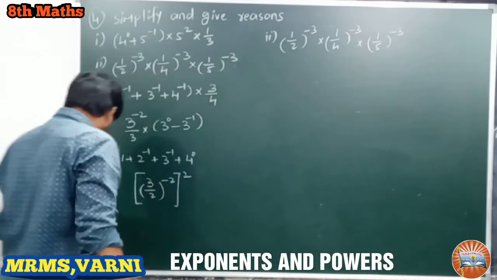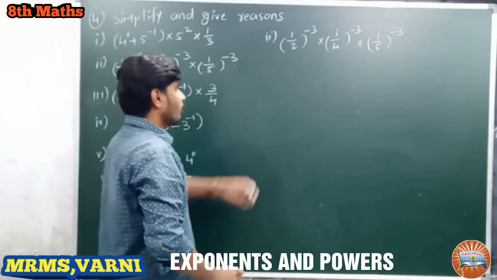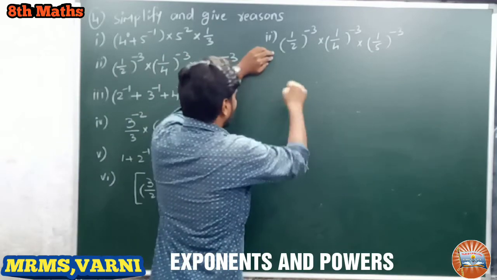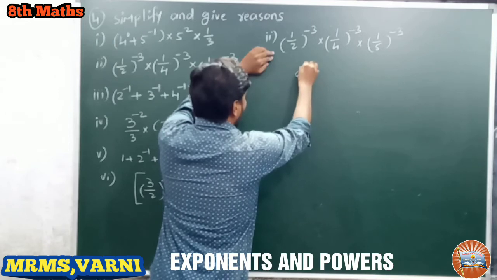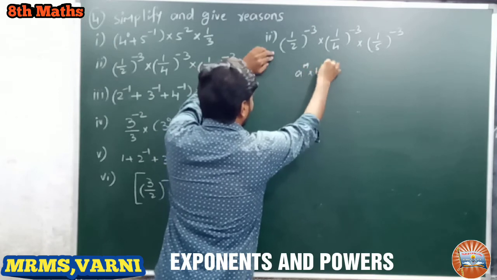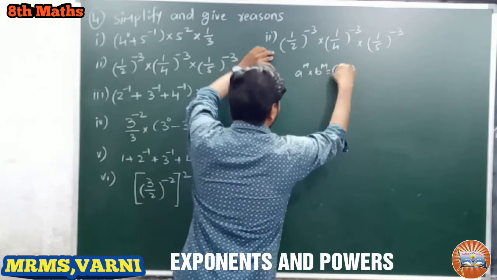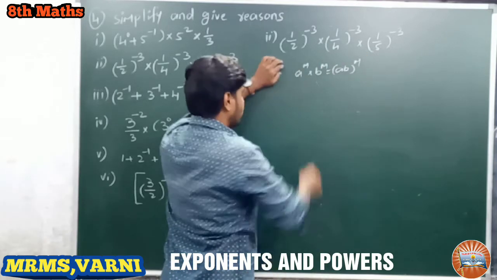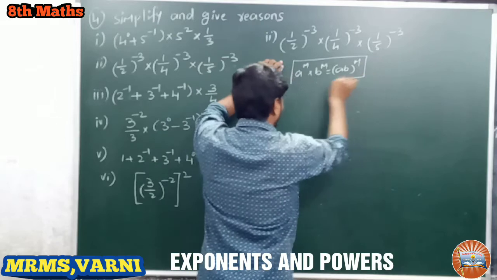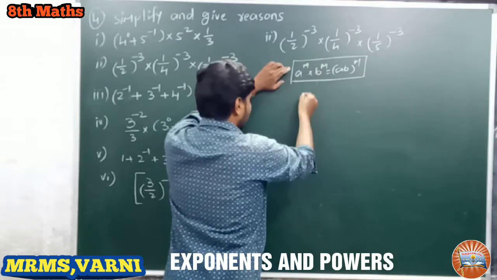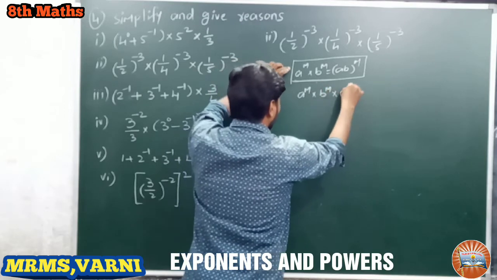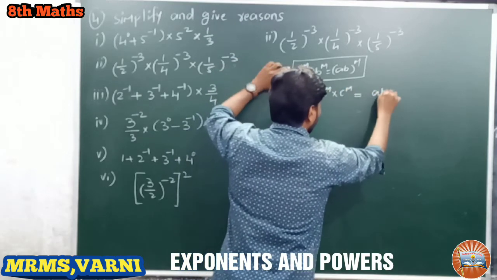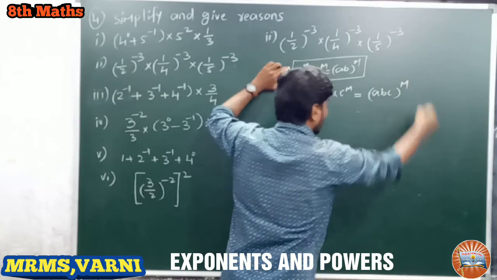Okay, right. Here we have a power m into b power m is equal to ab whole power m. We have this formula, so I am going to apply. This is for these three, nothing but a power m into b power m into c power m, we can write abc whole power m, isn't it?